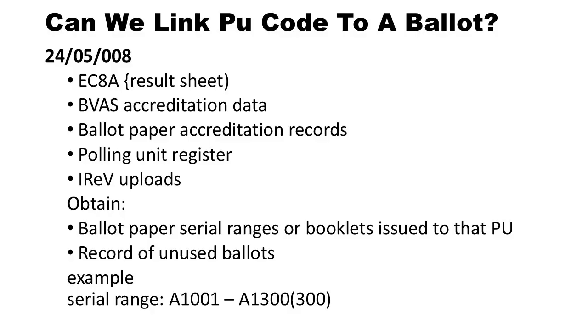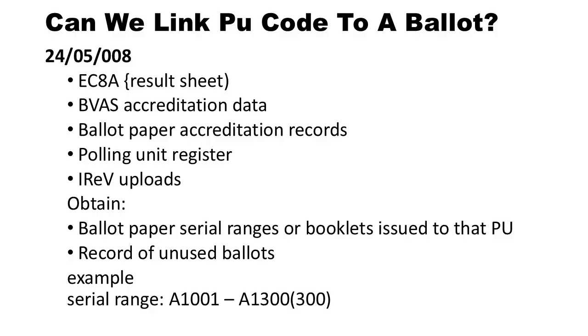Now, all we need to do is to obtain the ballot paper serial ranges or booklet issued to that particular polling unit, because the polling unit register and the ballot paper accreditation records will show how many of these ballot papers are assigned to a given polling unit, and those ballot papers have serial numbers.